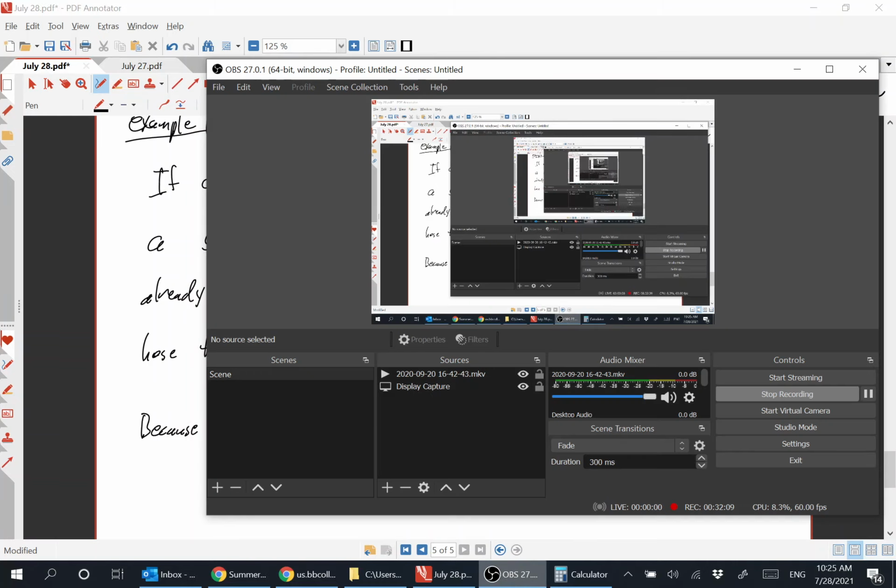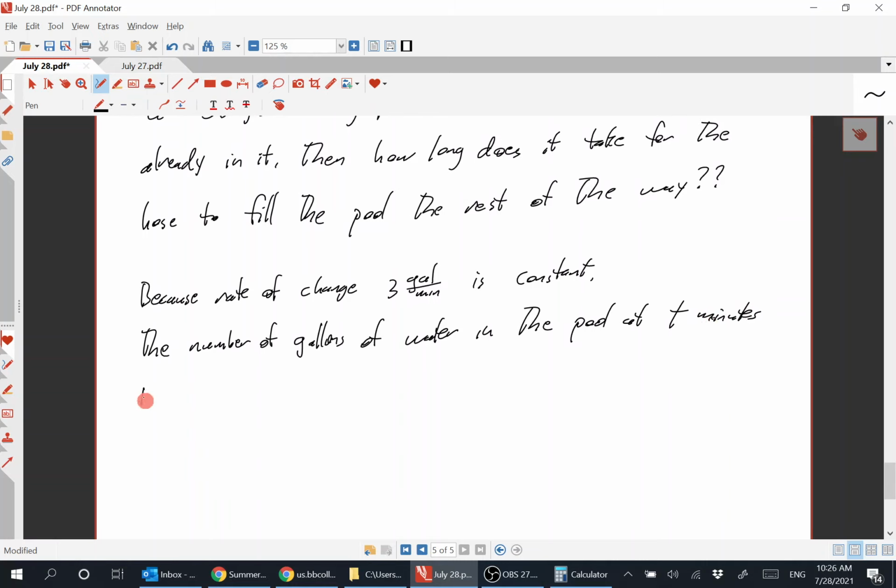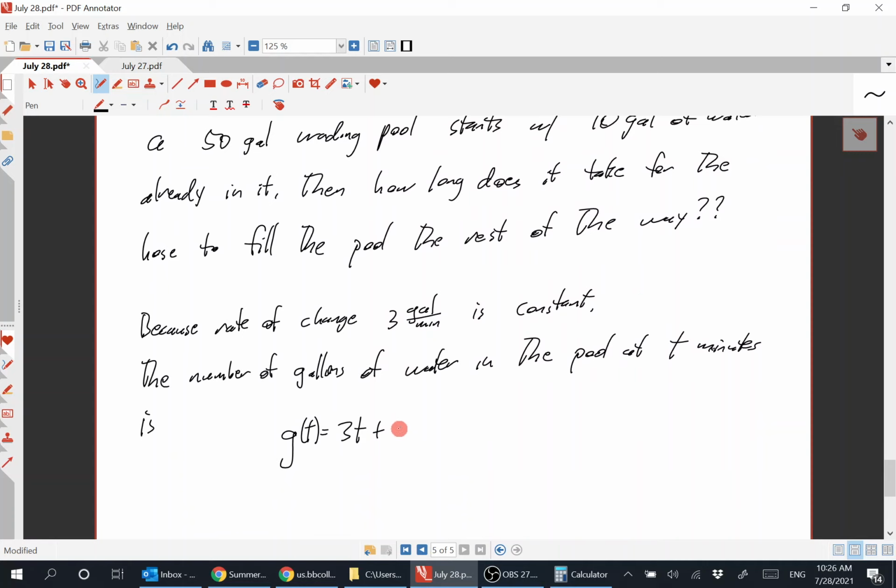Because the rate of change, 3 gallons a minute, is constant, the number of gallons in the pool at t minutes is g of t equals 3t plus, and what was the initial amount? 10.